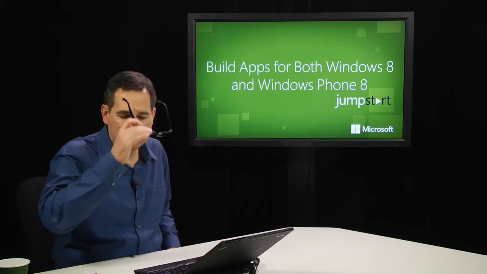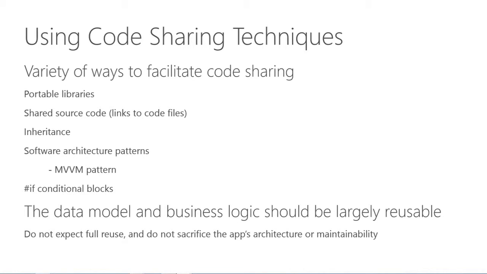Okay, so if you are using Windows.storage, as I mentioned, then that is portable between the two platforms, and as a result, there are certain things that you can take advantage of.